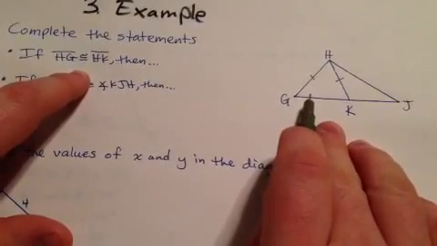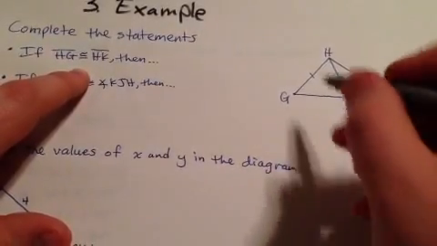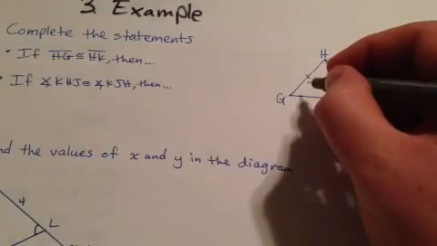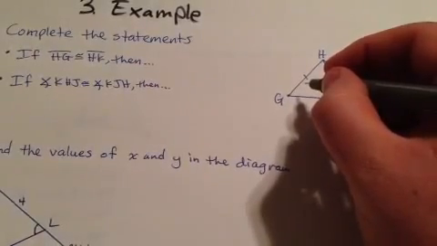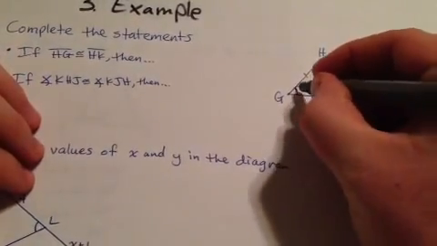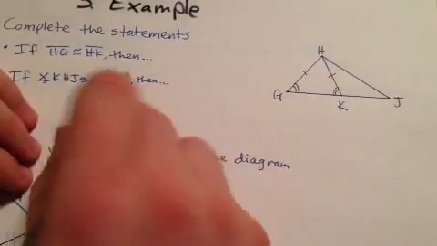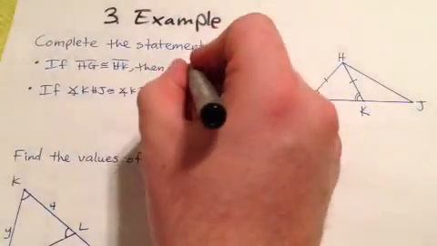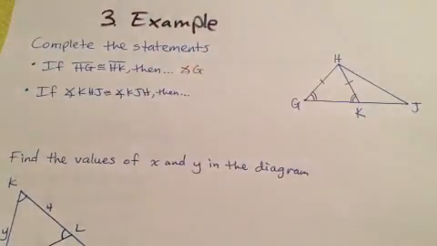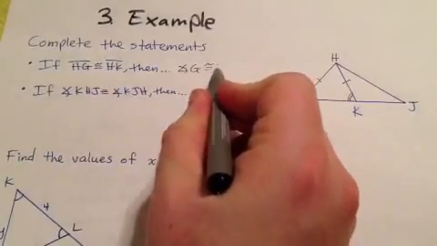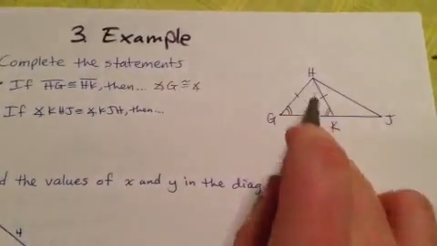And what do we know about the base angles of an isosceles triangle? Well, we know that they are congruent. So I can say this angle is congruent to this angle. So what I write is angle G is congruent to angle HKG.